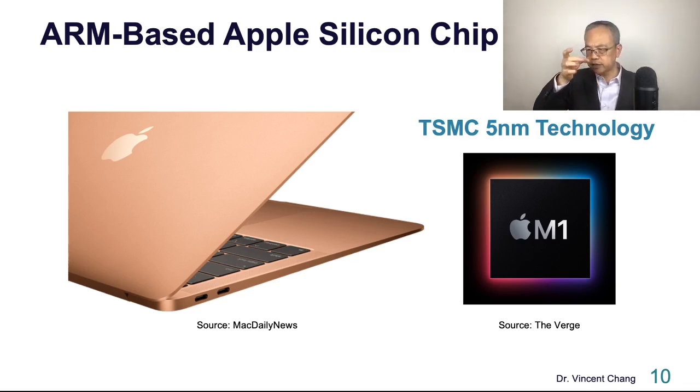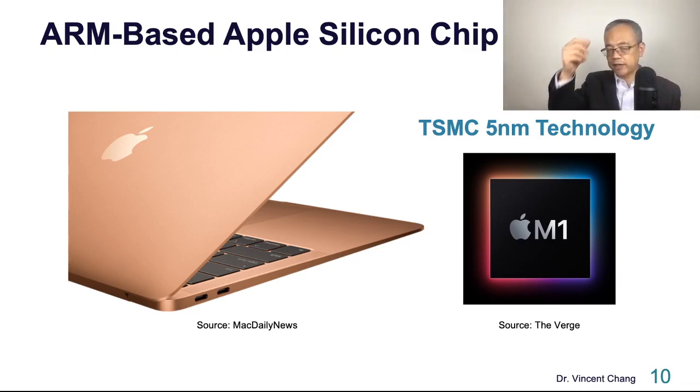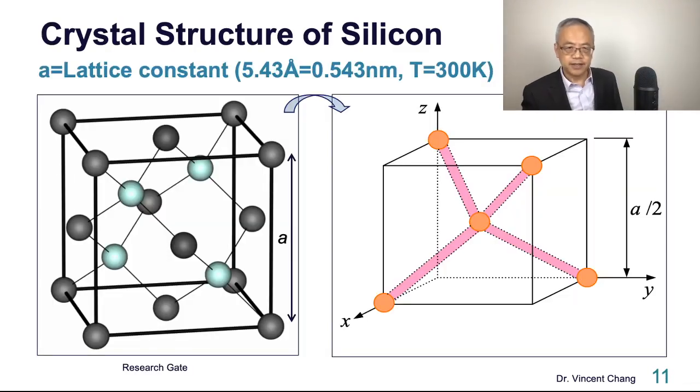So the average diameter of the hair is around 80 microns, which is 10,000 times more than the 7 or 5 nanometer. All right? So that's how you can imagine how small the 5 nanometer or 7 nanometer is.